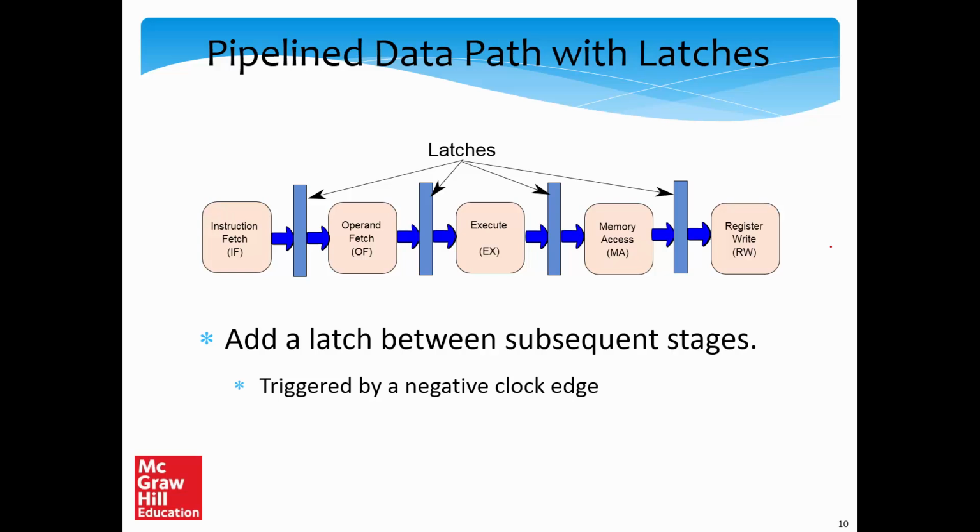This is what our new diagram looks like, with these pipeline latches. Mind you, again, a latch here is actually a flip-flop. It's controlled by the negative edge of a clock. So we add 4 latches between the stages, and at every negative edge, the instruction that is being processed in this stage moves to the next stage. We add a latch between subsequent stages, and the latch is triggered by the negative clock edge.